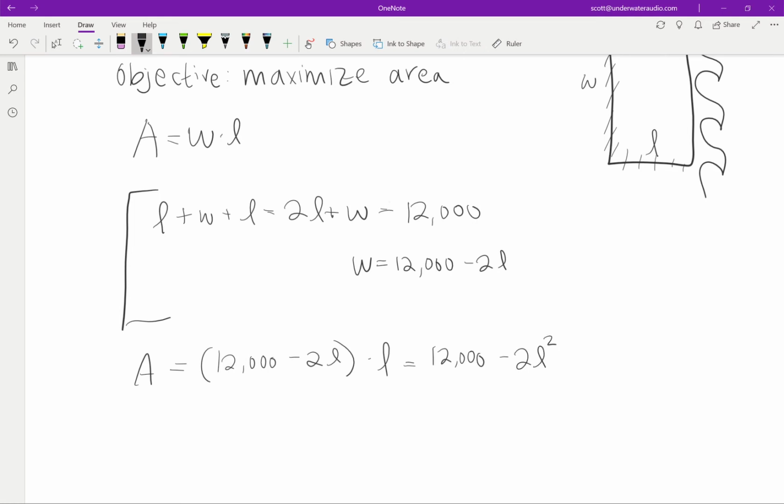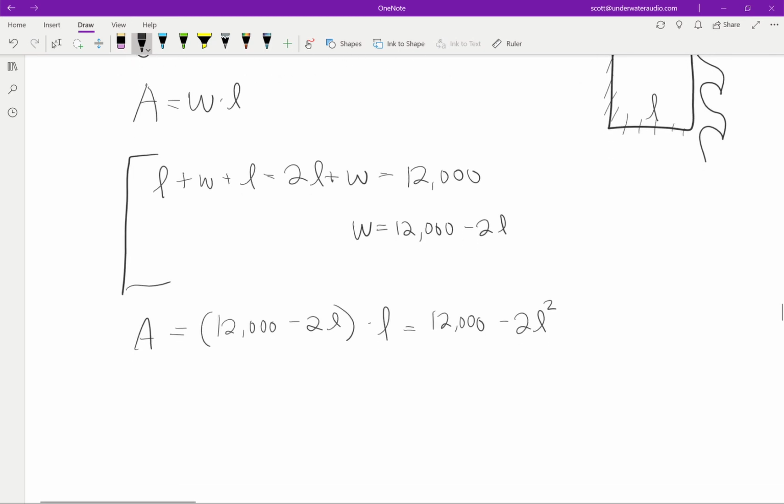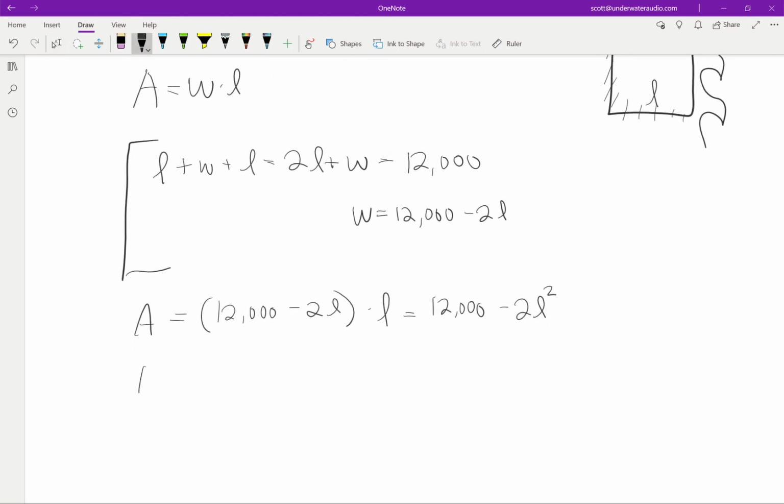All right, I'll take the derivative because I want the critical point of the area. Derivative of 12,000 is 0. Get minus 4, and then L to the first power. Okay. I was really confused because if that's my derivative, there's a real problem here.